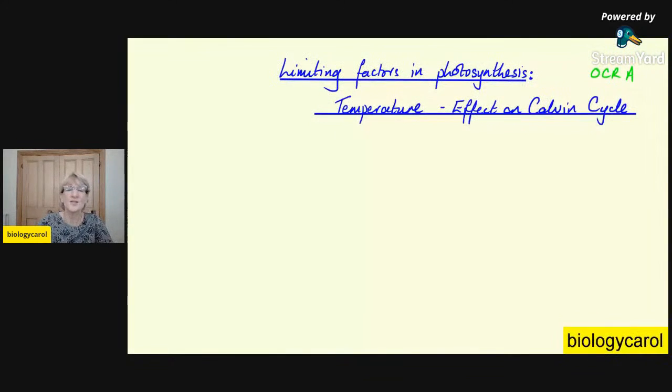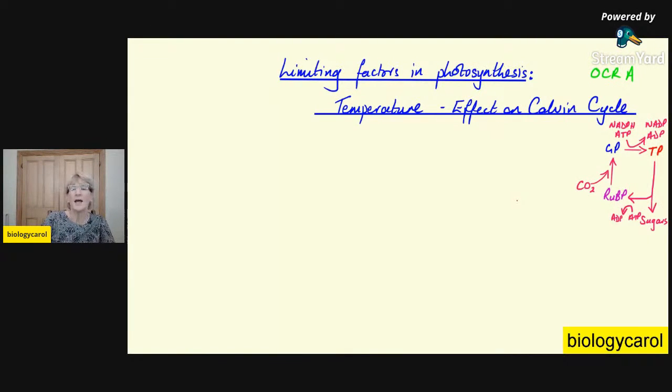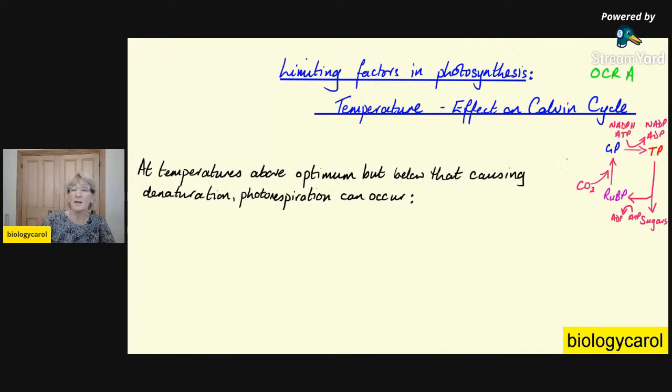So let's talk about the effect of temperature on the Calvin cycle. Not terribly surprisingly, it does have an effect, as I've already mentioned, but OCR A just need to be aware that this process can occur: photorespiration. Weird, but true.